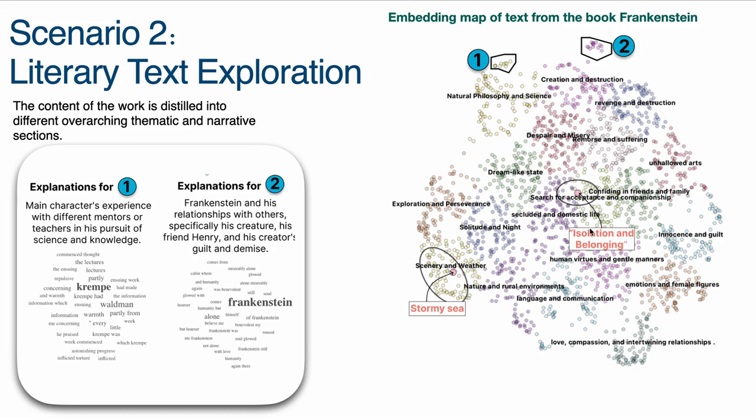In another scenario, while exploring a classical literary text like Frankenstein by Mary Shelley, one finds the text clusters according to various themes and characters in the text. The explanations provide a concise and coherent narrative insight, and reprojection confirms the clustering according to various themes and scenes described in the text.